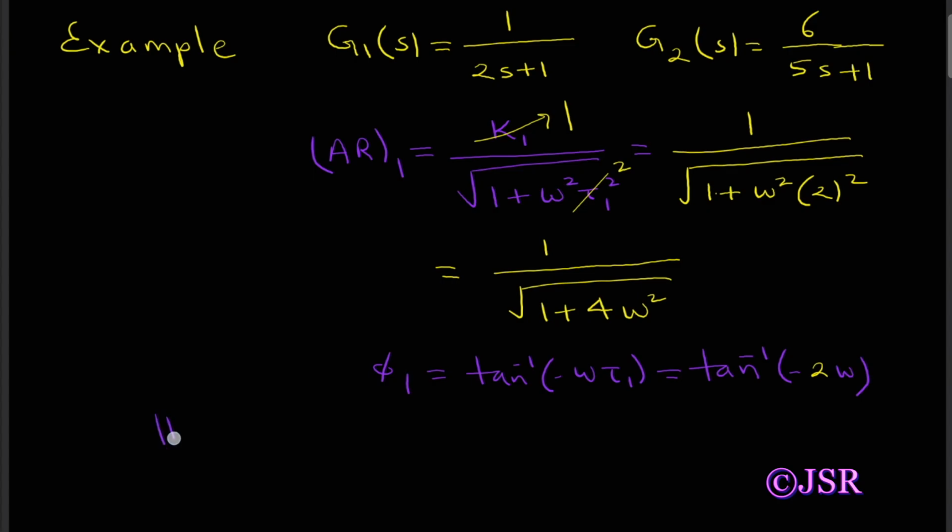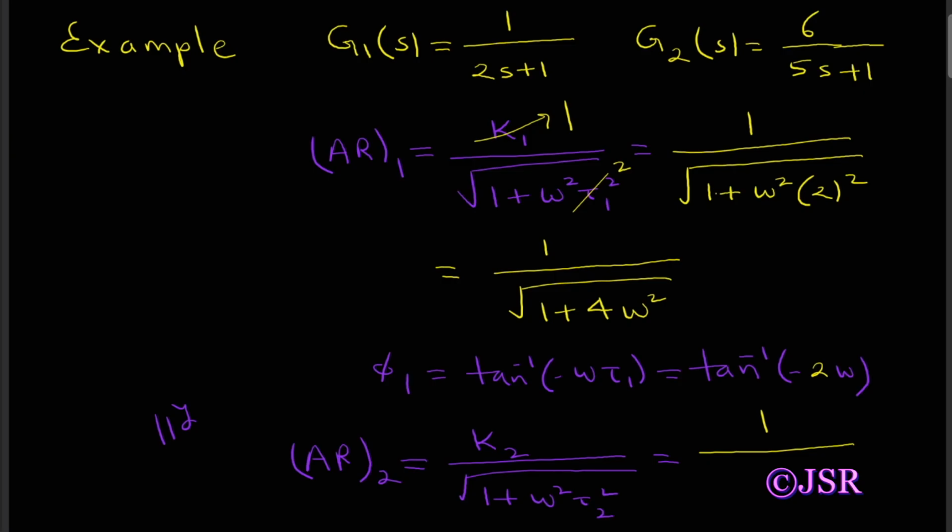Similarly, for the second system, the amplitude ratio can be written as K2 upon under root 1 plus omega square tau 2 square, and K2 is 6, and tau 2 is 5, so 5 square, that is 25 omega square.